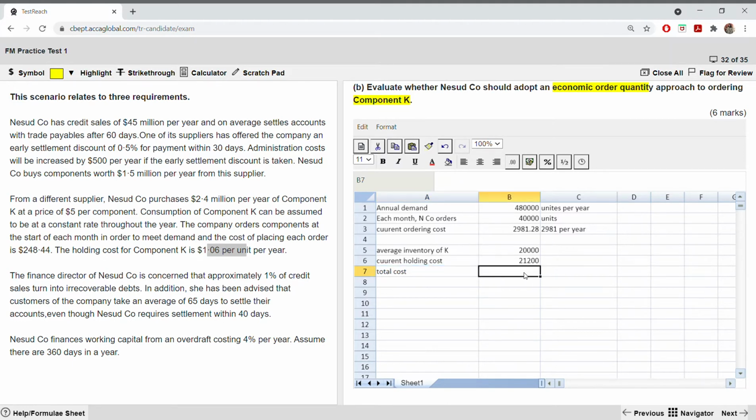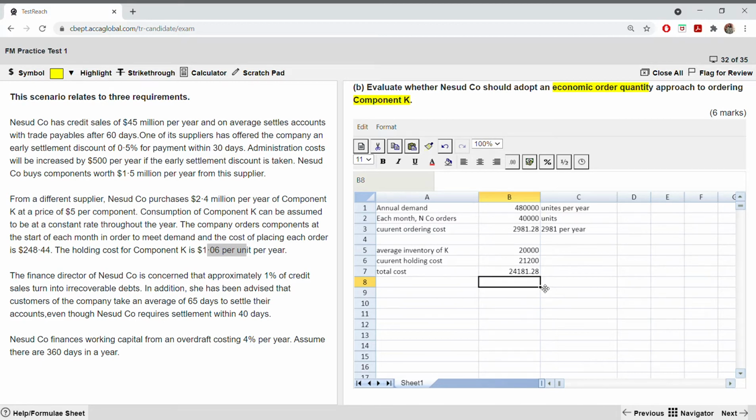Equal to, I'm sorry, you cannot take this number, 2981 plus 21,200. You will say this will come in decimal: 24181.28.